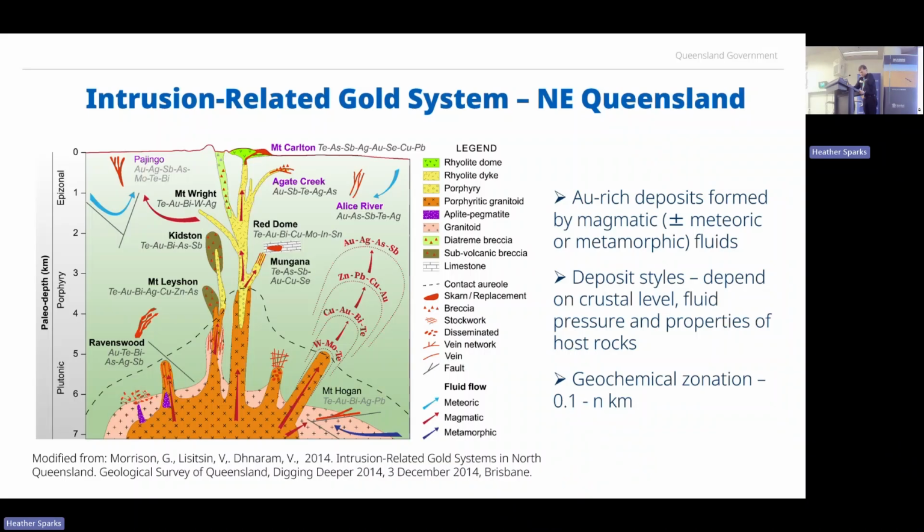This is a relatively busy diagram, and that's a nice introduction to the history of this diagram. I'm pretty sure everybody who's working in intrusion-related systems in North-east Queensland is well familiar with precursor diagrams of this nature, which were produced and publicized by Greg Morrison and used extensively by industry and researchers.